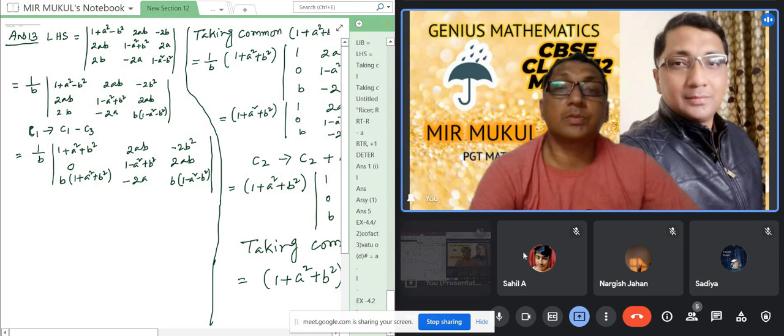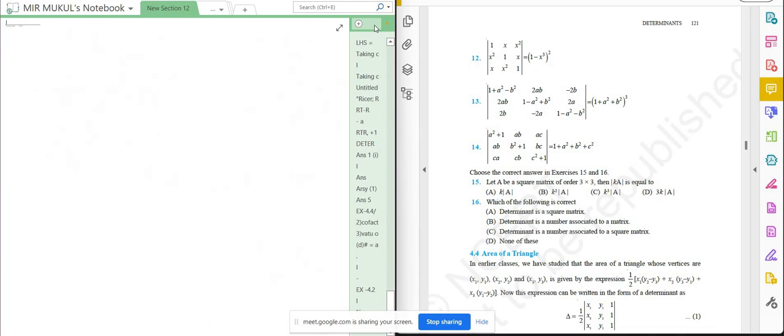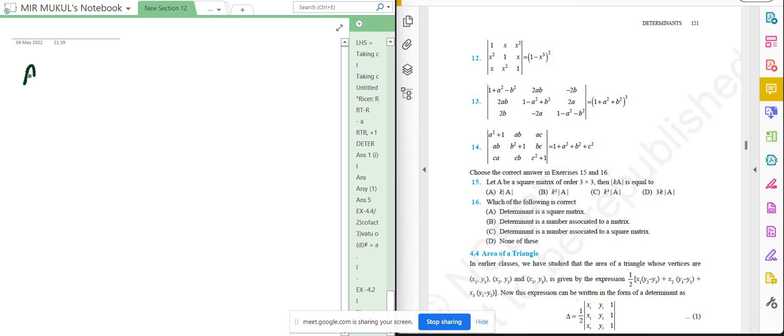Now, the last question of this exercise, that is question number 14. This is also a little bit different. Okay. So, answer 14.